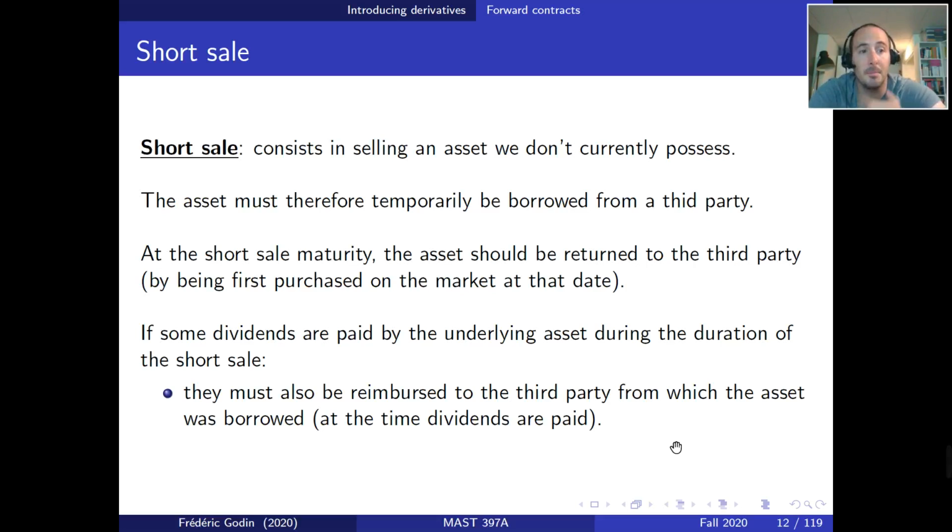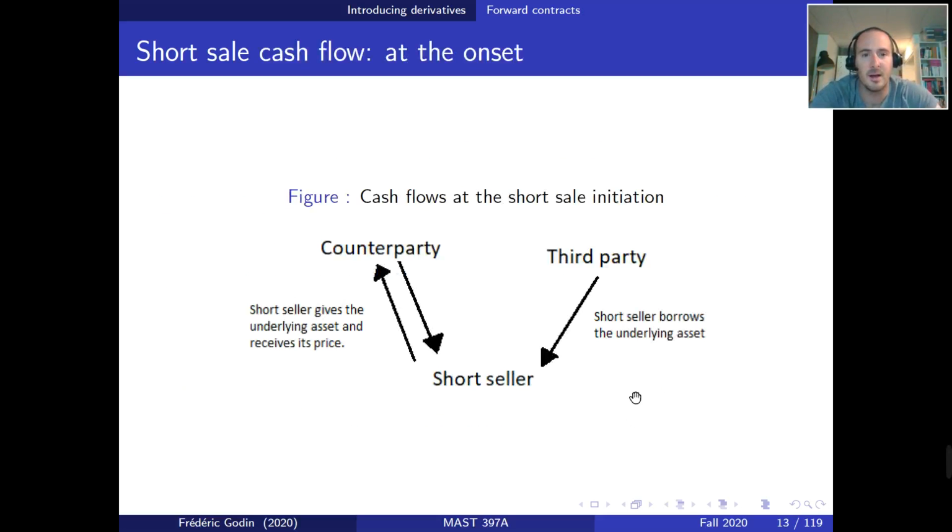So to be compensated for that, the value of the dividends will need to be returned to the third party by the person who borrowed the stock. Okay, so this looks like a lot of transactions.